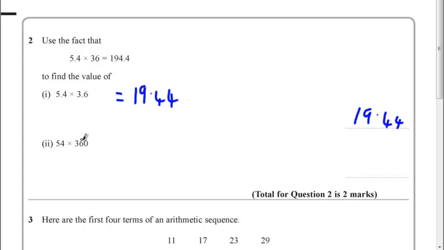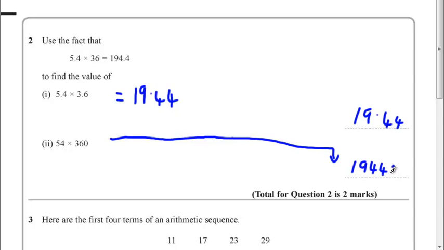So it's 10 times 10, which is 100 times bigger. So that one is going to be 1944, and we've got to put a 0 on, and that's the answer to that one.